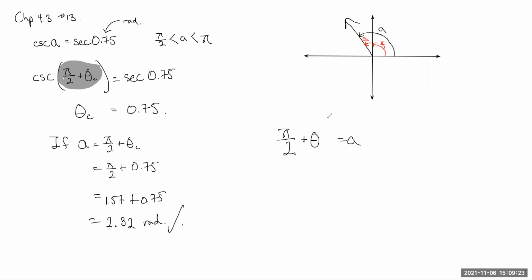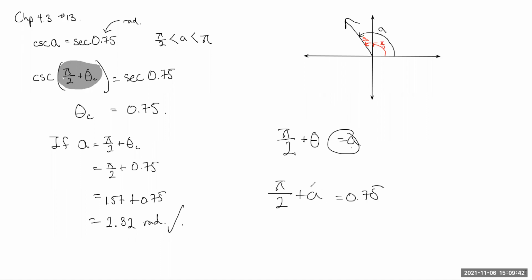And we know that this is going to be 0.75. Your email suggestion said that I think you accidentally, instead of writing it that way, wrote that this was equal to 0.75, and that's actually not true.